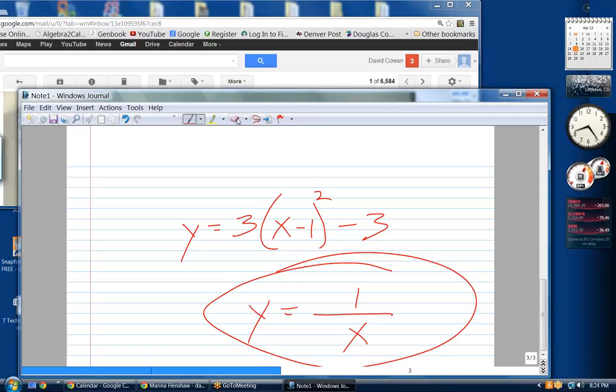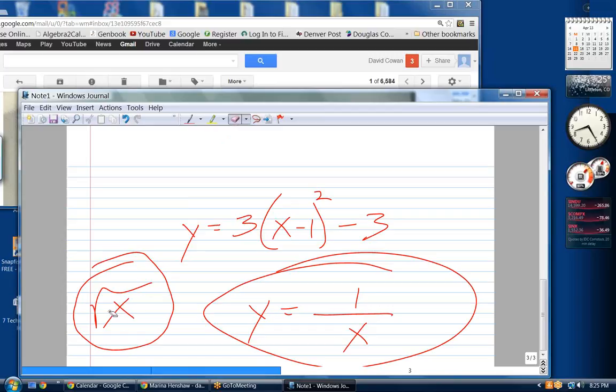So usually that is what gives you a restriction on what x can be, is when it's in the denominator. Or if I'm taking the square root of it, it's got to be positive or 0. In other words, this cannot be negative. So if I was asked about the domain of this, I would say, well, all numbers greater than or equal to 0.